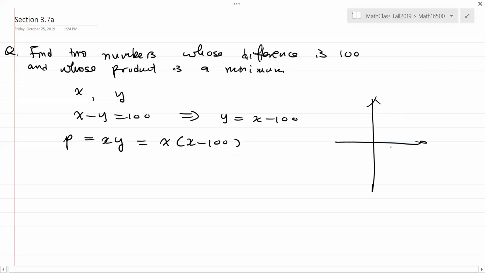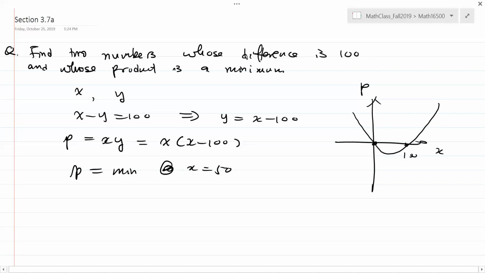When x equals 0, the product is 0, and when x equals 100, the product is also 0. So this is a parabola that opens upward. Clearly, the minimal value is at x equals 50. When x equals 50, the product P has a minimum value.